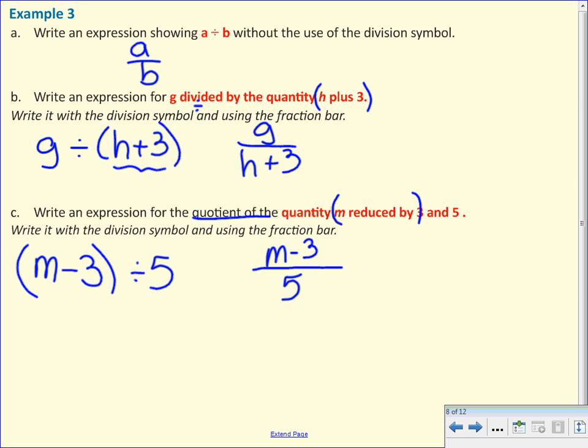If I had something outside here, then I would multiply by what's inside. Or if I had 2 parentheses 3, then I would multiply that to get 6. Why would you use parentheses on any fraction? Because it's isolated now. Because I know my numerator is 1 unit, so it's not necessary to write them. Okay?